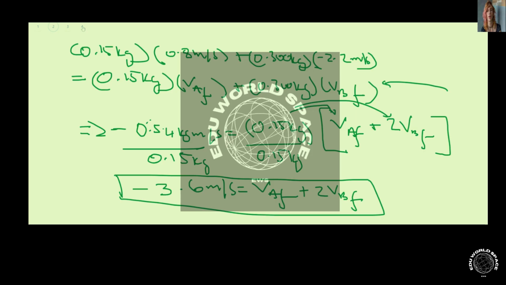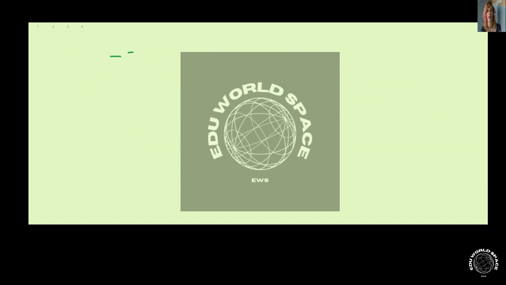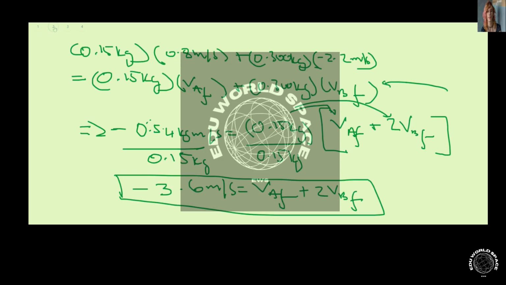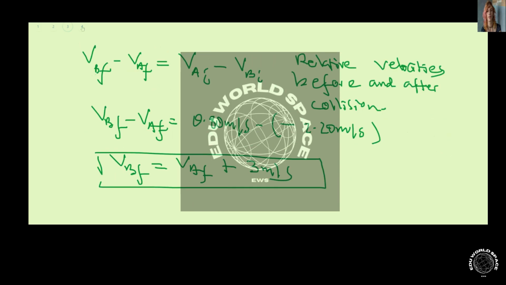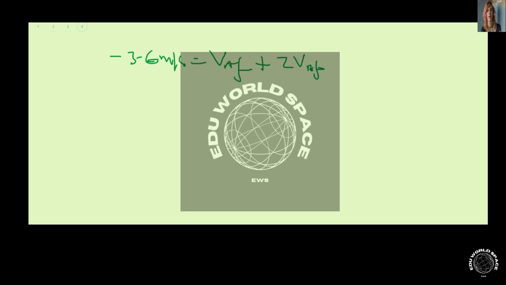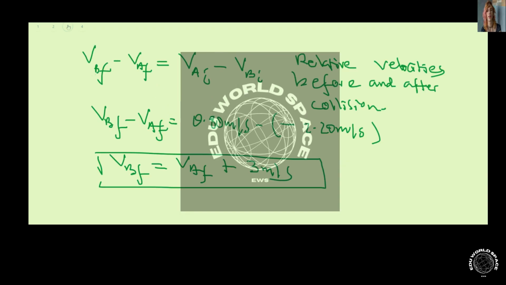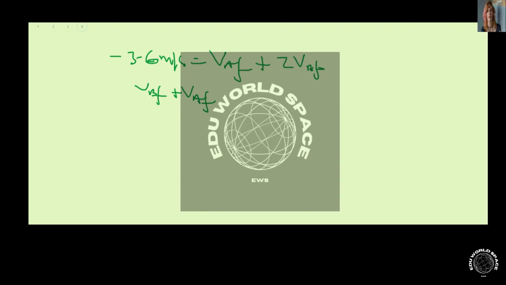On the next page, we can write both the equations out. Negative 3.6 meters per second is final velocity of A plus twice final velocity of B. And then in the second case, we have VB final equals VA final plus 3 meters per second.